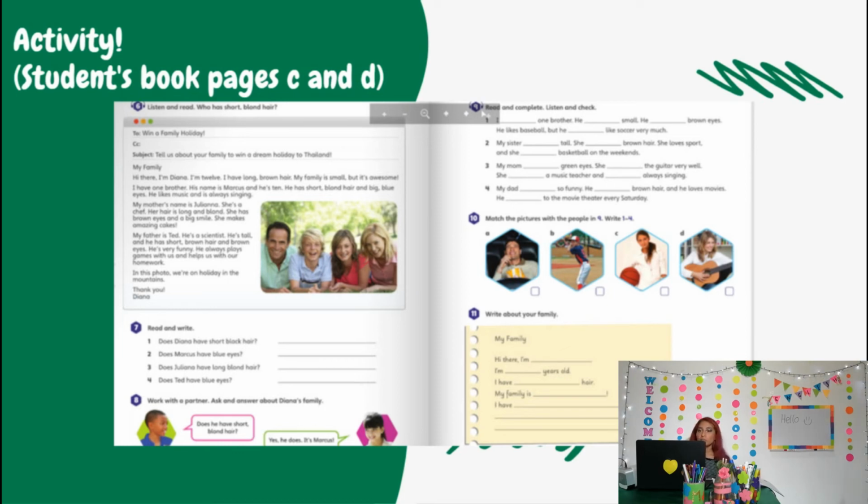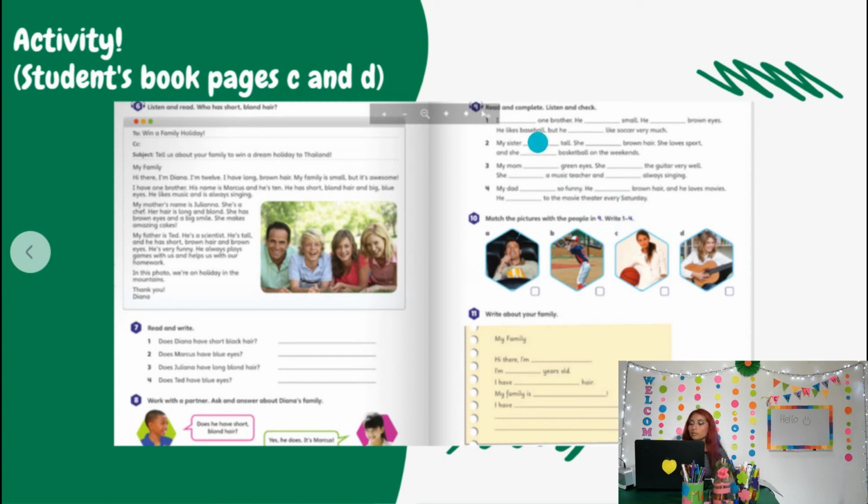Okay, so now that you finish with this activity, you can do exercise 10. Okay, so now that your sentences 1, 2, 3, and 4 are done, you are going to do this one. It says match the pictures with the people in 9, write 1, 2, 3, and 4.